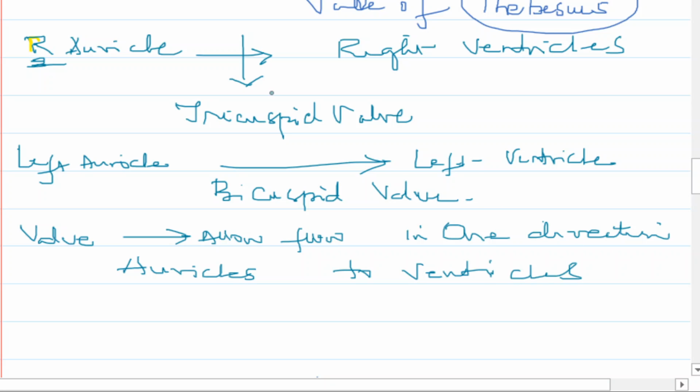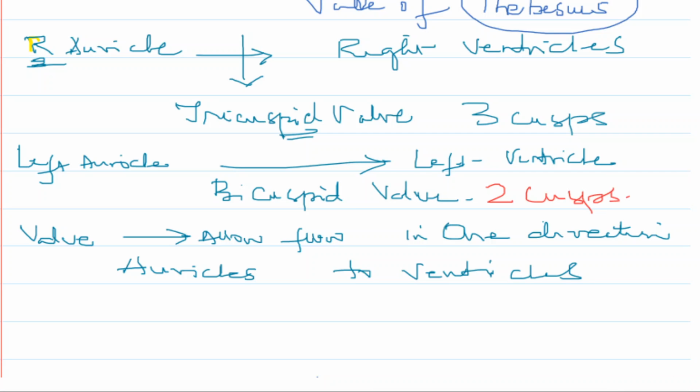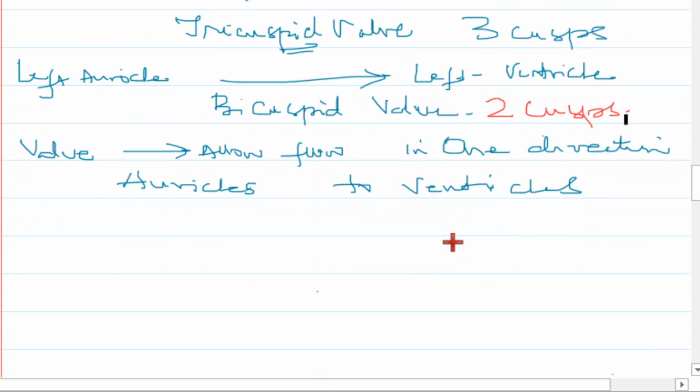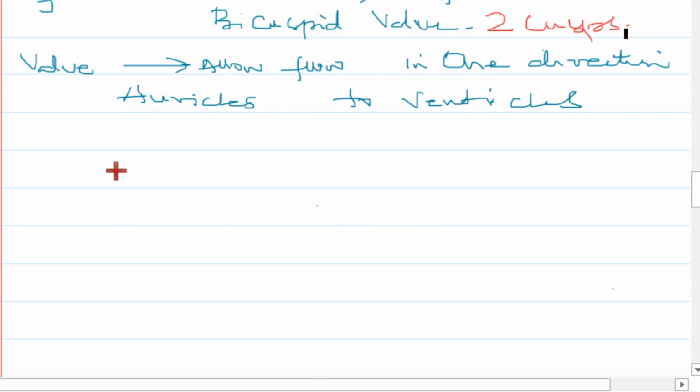But remember, the right side valve is called tricuspid because it has three cusps. The left auricle valve has two cusps. Okay, so now these cusps, these valves, are held down because when the heart is pumping, we don't want the valves to bulge into your auricles.